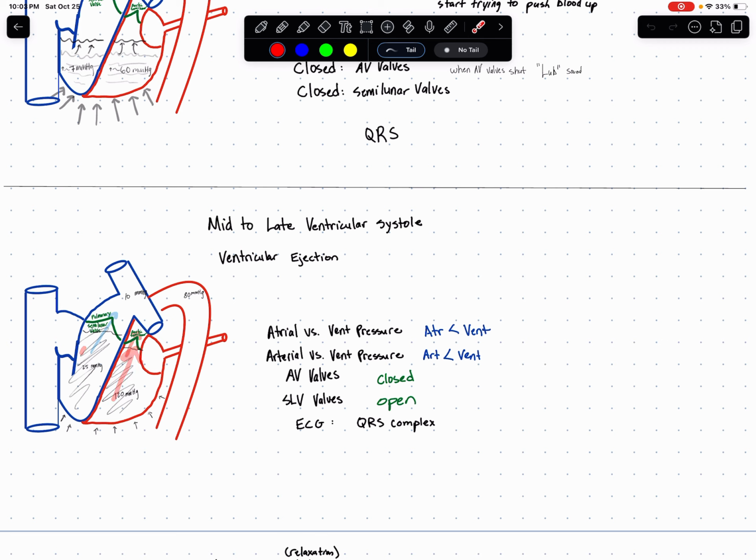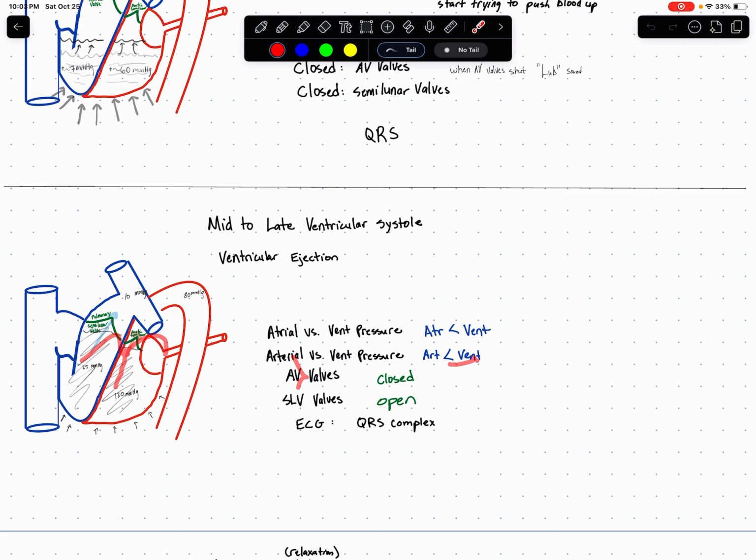Then you get to isovolumetric dilation. Our arterial pressure versus ventricular pressure. Same as last time, we're pushing it through. Actually, now at this point, our ventricular pressure is getting low. Arterial pressure is getting pretty high.